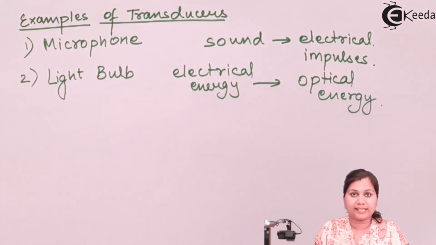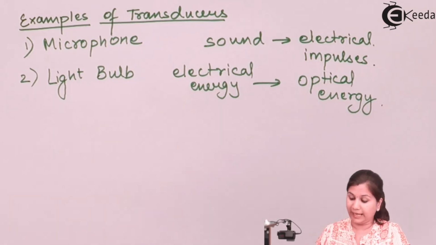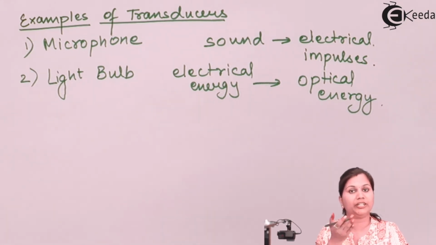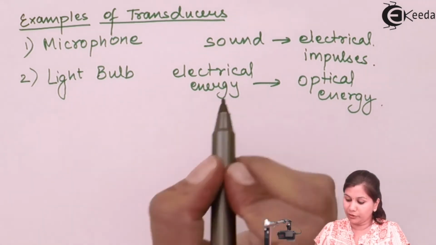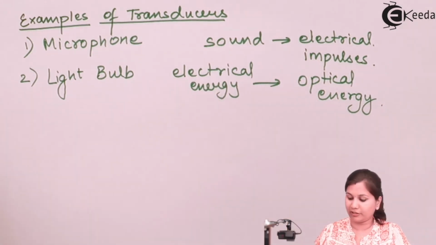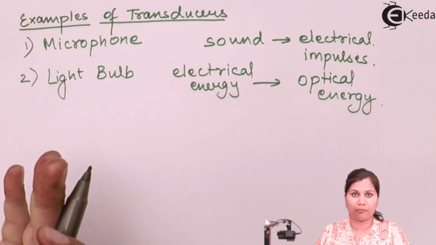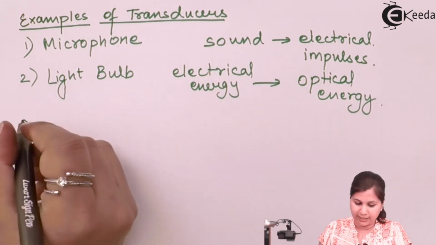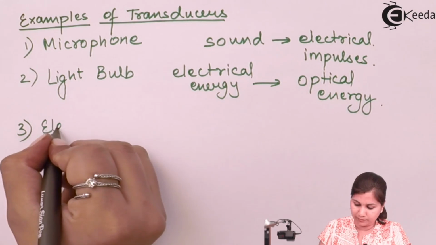So it is not necessary that the output is always an electrical output. It can be otherwise, because we have defined the transducer as a device which converts one form of energy into another form. So here you can see that the electrical form of energy is converted into optical form of energy, so this is also a transducer. Another example is the electric motor.